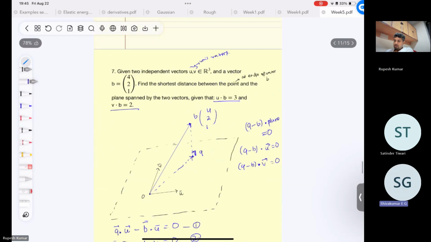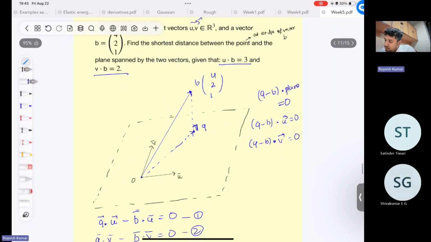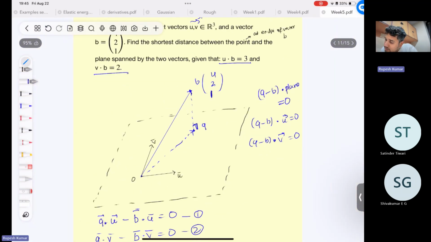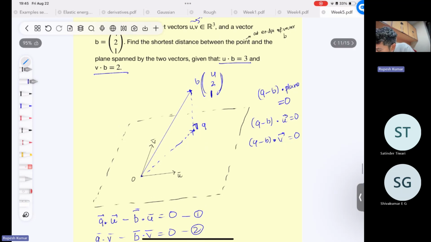Yeah. So now let's get to the geometric point of view. What we can observe here is our question says the projection of vector B along the unit vector U has length 3, right? So let's take the dot product of B and U. You will get some magnitude along the vector U. So let's take this vector as B dot U along the U direction, right? Everyone, do you agree with this?